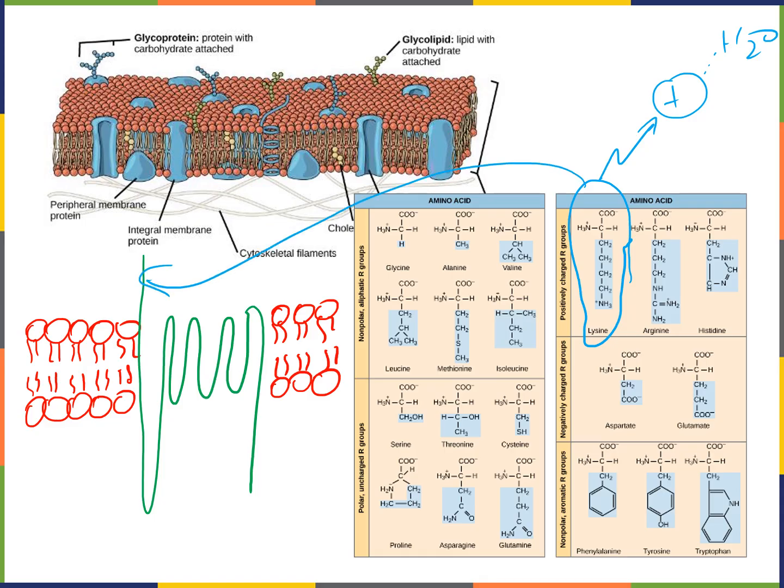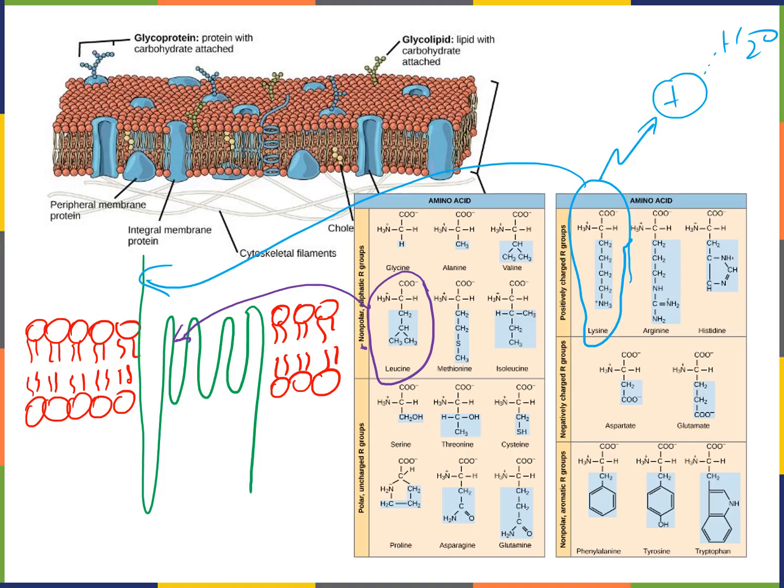But then, what if I give you leucine? Leucine is non-polar. It is a hydrophobic amino acid, so it most likely will go on the inside of the protein, away from the water.